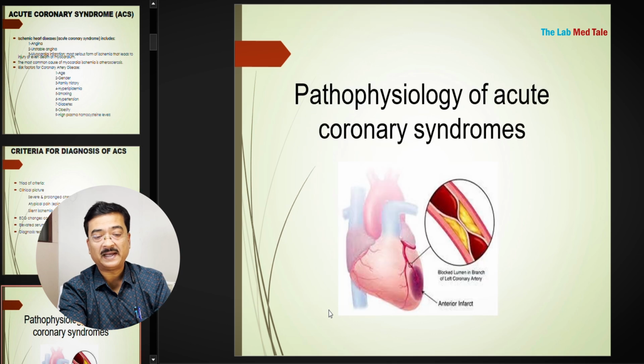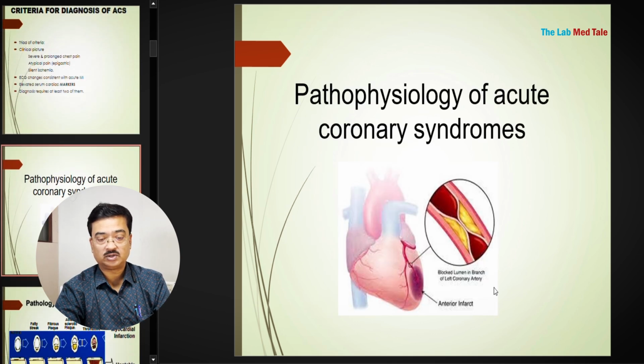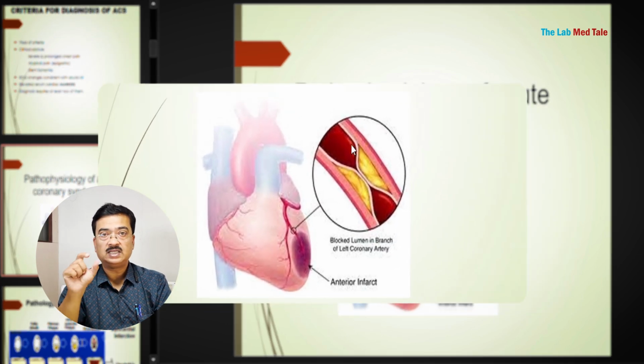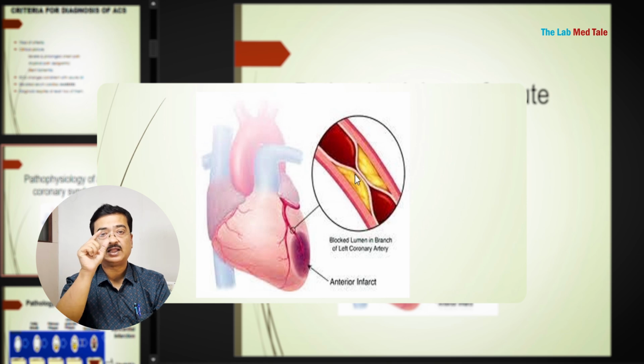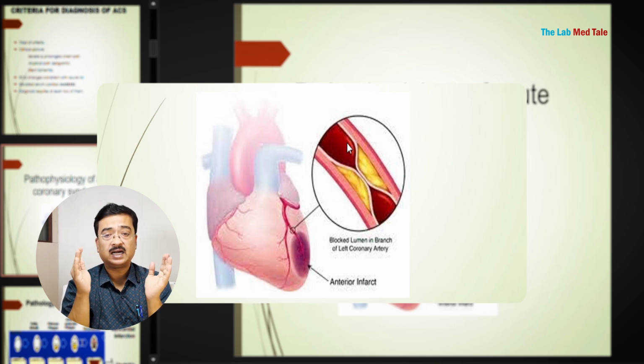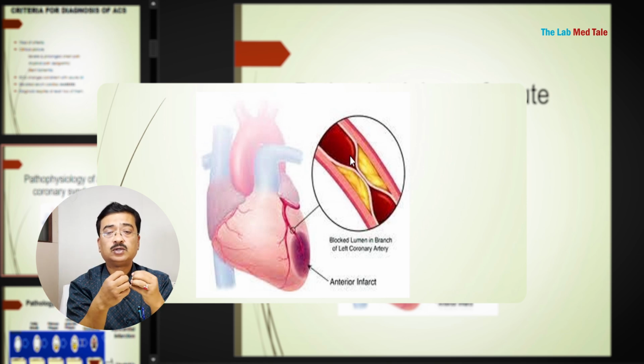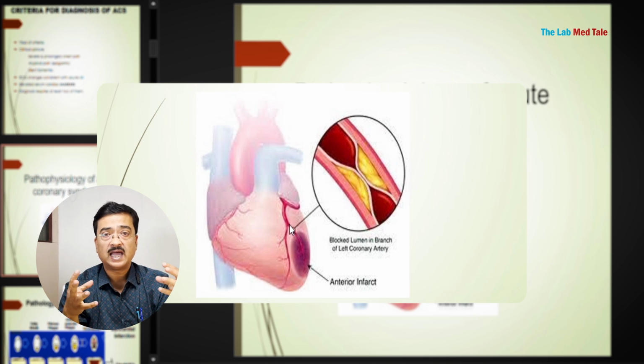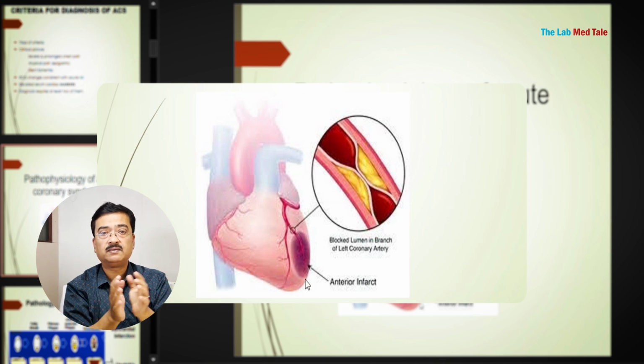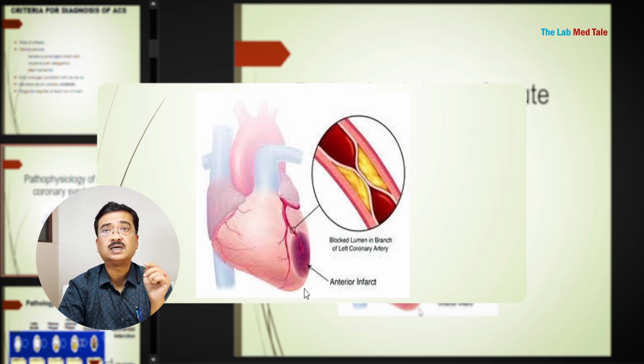You know the pathophysiology of acute coronary syndrome: the vessel is narrowed by an atherosclerotic plaque, and at some time the atherosclerotic plaque ruptures and creates a clot, and the blood vessel is unable to deliver supply to the myocardium. I have shown in the picture that on the heart there is a dark colored circle.